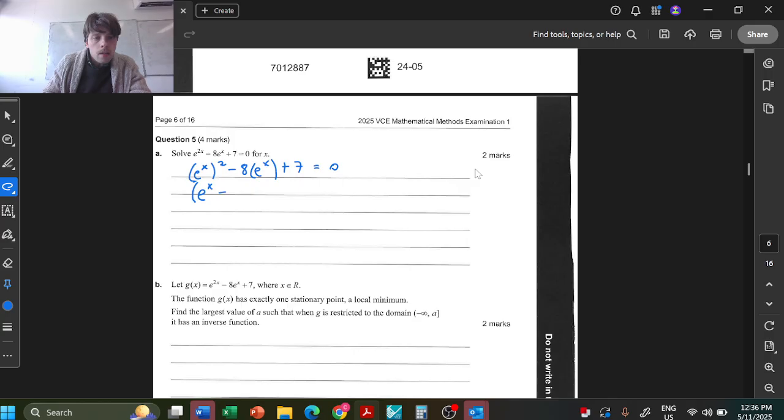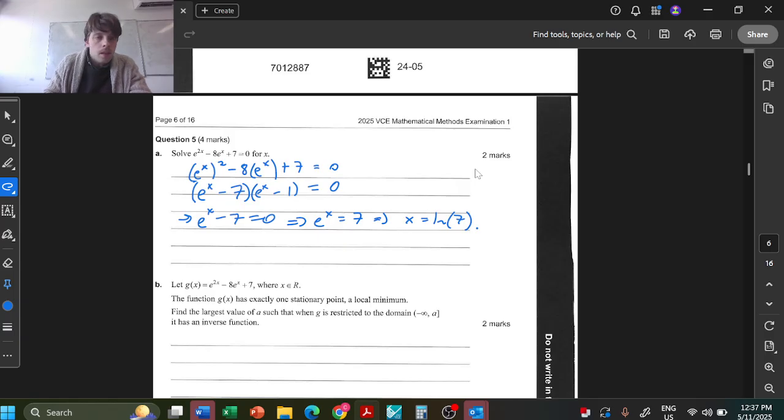So this simplifies down to e to the x minus 7 and e to the x minus 1 is equal to 0. And therefore, we need to solve when each of these things is equal to 0. So if we consider the case when e to the x minus 7 is equal to 0, that tells us that e to the x is equal to 7, which tells us that x is equal to the natural logarithm of 7.